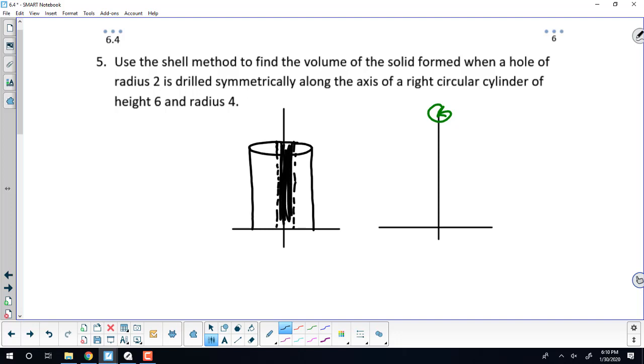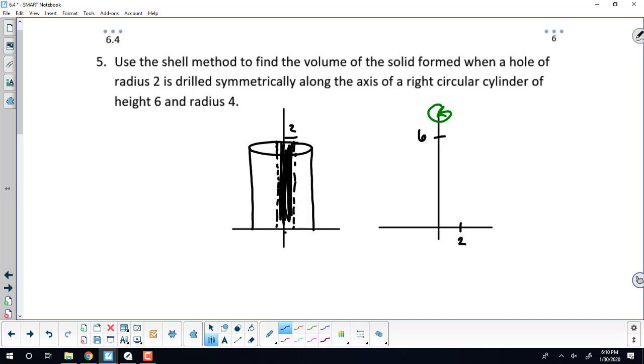Of radius 2. So if this is a radius 2, that would put us over here at 2. I would center it. You don't have to center it, but then you can utilize symmetry. The height is 6, so we'll mark 6 up here, and a radius of 4. If we're going to put this cylinder in the first quadrant, where would it go out to?